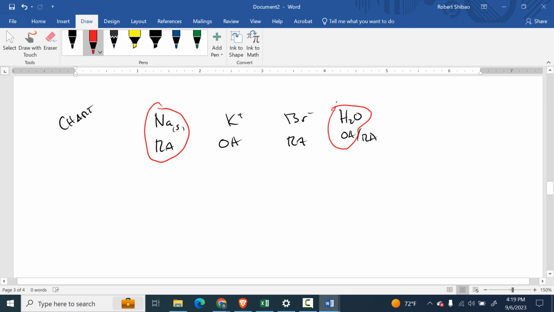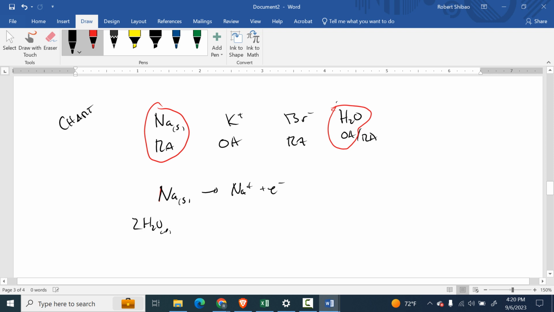And so what we're going to do is we're just going to copy the reactions off the chart. Now I have sodium on the left side, but on the chart sodium is on the right side. So I'm going to flip it so that the sodium goes on the left side. And Na solid is going to yield Na+ plus an electron. Water is okay. That's already on the left side.